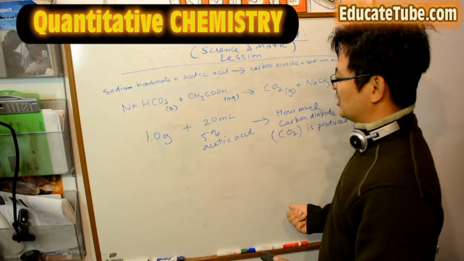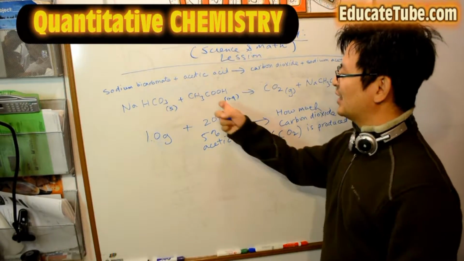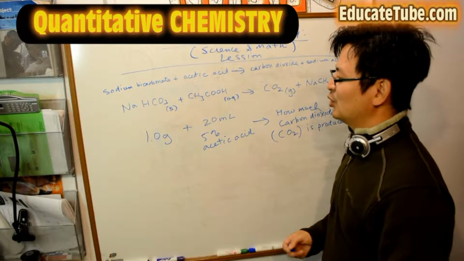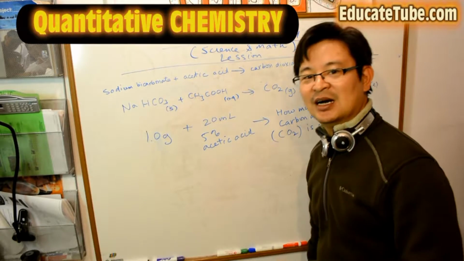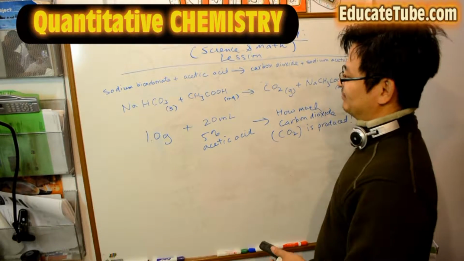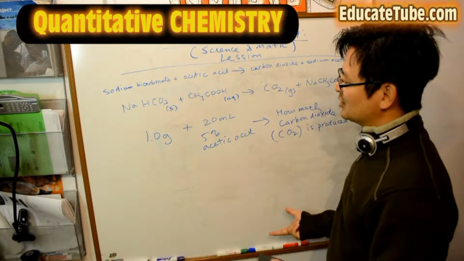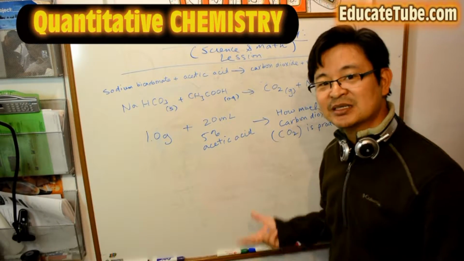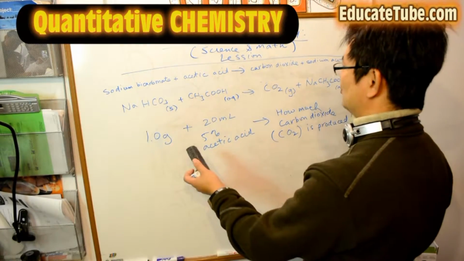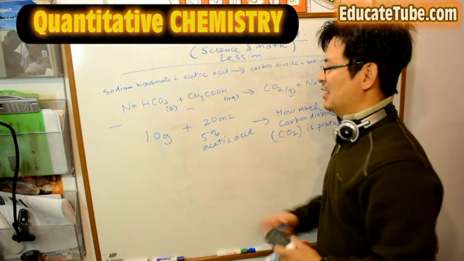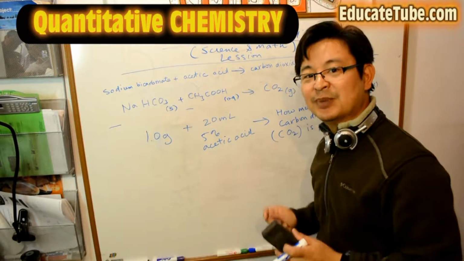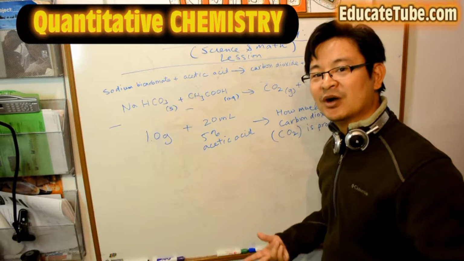The thing is, of course, you need to find out the molar mass for sodium bicarbonate and the molar mass for acetic acid. Now you probably wonder, why are we not just comparing based on the mass itself? Because the mass itself does not allow you to figure out how much of this is needed, because this equation is based on the number of particles.